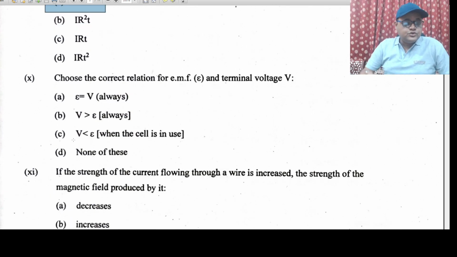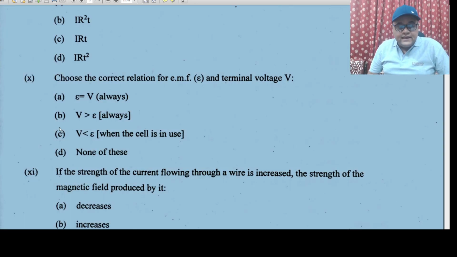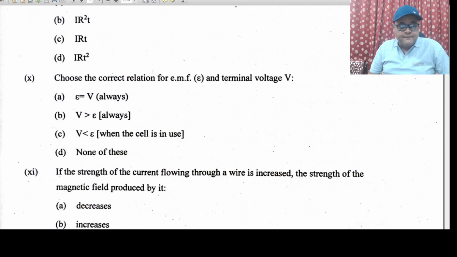The next: choose the correct option, the correct relation for EMF and terminal voltage. We have discussed this hundreds of times that when there is no load, the cell is not drawing current, then the voltage across it is the EMF. If the cell is under working condition, the terminal voltage will always be less than the EMF.